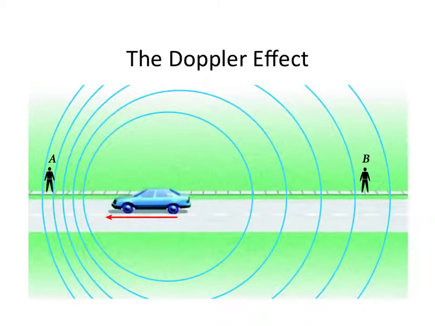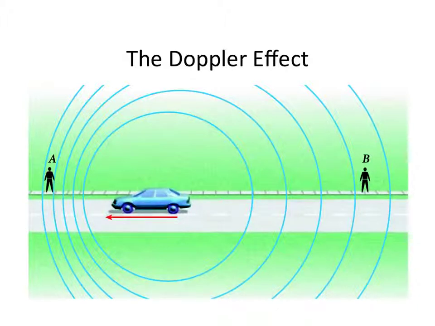The reason that happens is as the car travels towards you, look at what happens to these waves. It lets this one off, but then as the car moves, that sound wave's closer and closer. So as it gets closer to you, there's a higher frequency. And for the opposite reason, when the car moves away, these sound waves are pulled farther away, so it has a lower frequency. And this is called the Doppler effect.